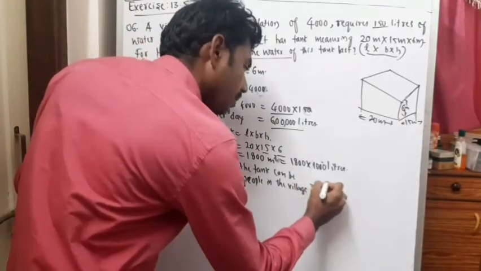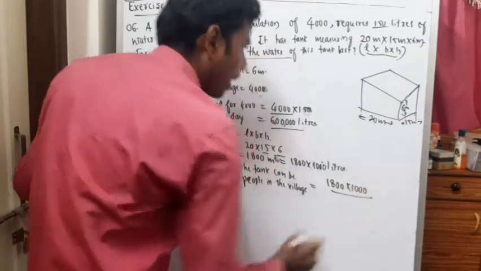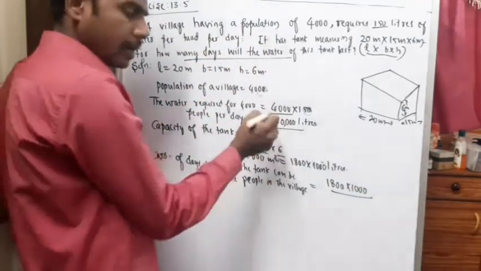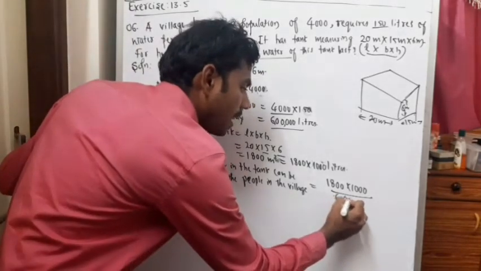That is 1800 into 1000 divided by the water required for the 4,000 people per day, which is 6 lakh.